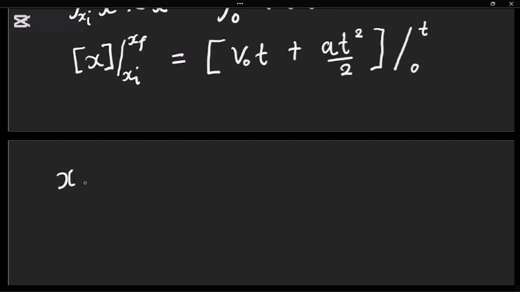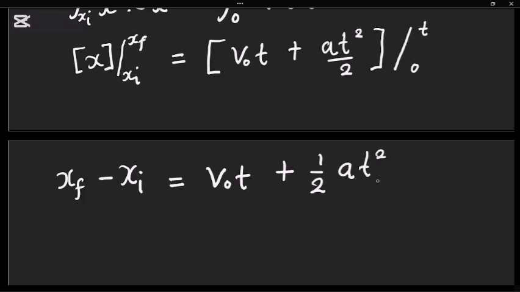Then you have to substitute with x final, then minus x initial. On the other side, you first have to substitute with t throughout, then you minus when you substitute with 0. So it will be v naught multiplied by t plus 1 all over 2 at squared. Then you have to minus when you substitute with 0.